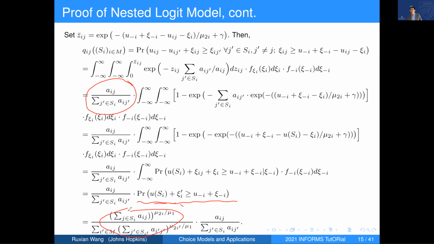And here we need some assumptions, for example, the IID Gumbel distribution. And here in the nested logit choice model, we have randomness at the nest level. It is the same for all products in the same nest. And then we have another randomness at the product level.